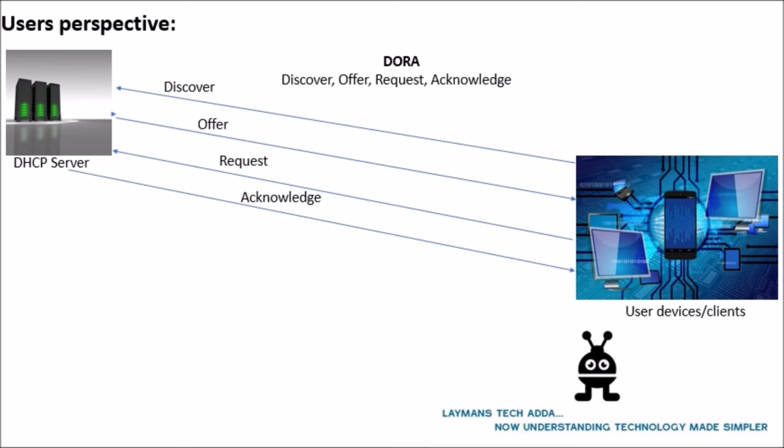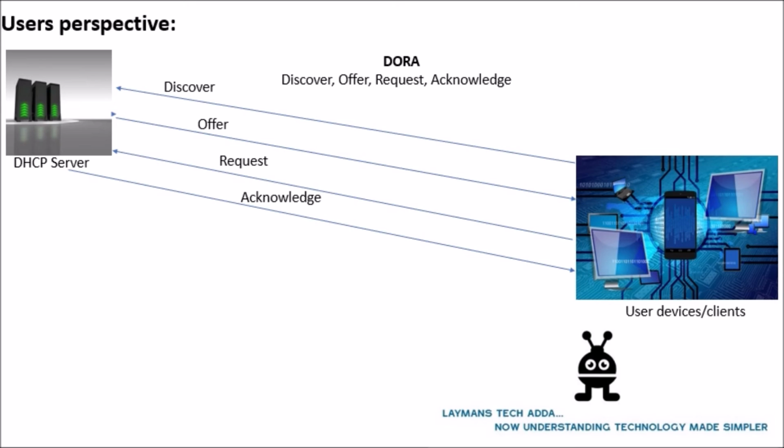So you have a DHCP server here, and on the right you can see, let's say you have multiple devices and you connect them to the network. The devices will discover the DHCP server available for their domain.